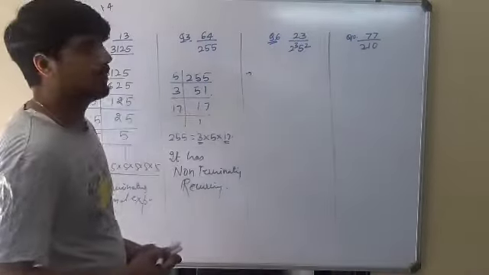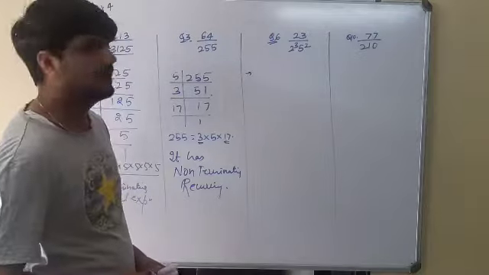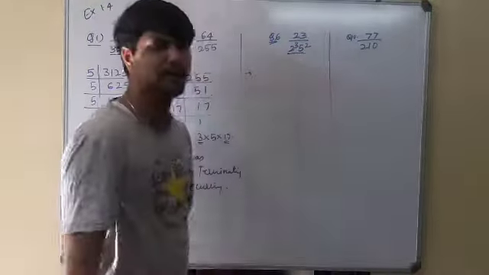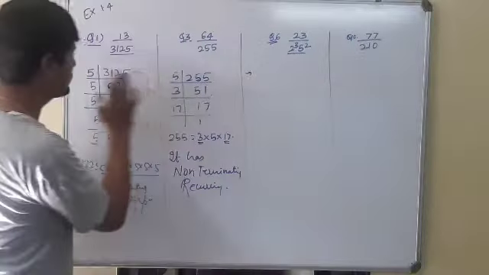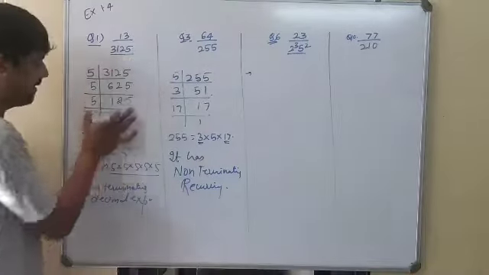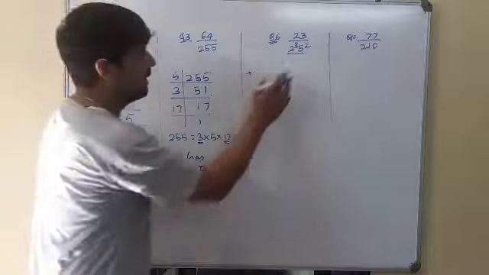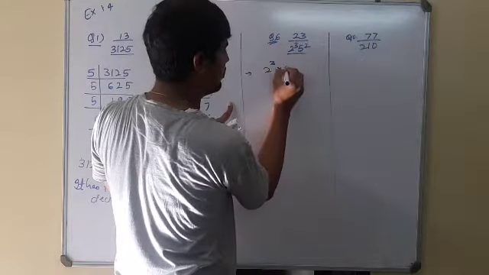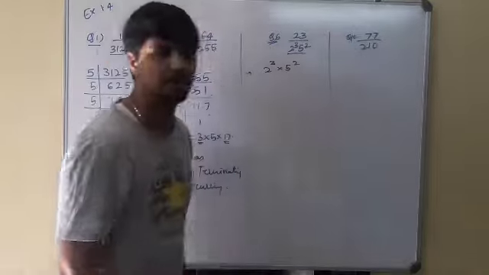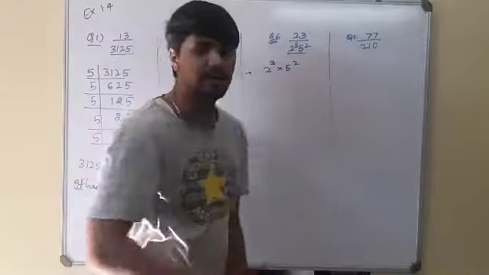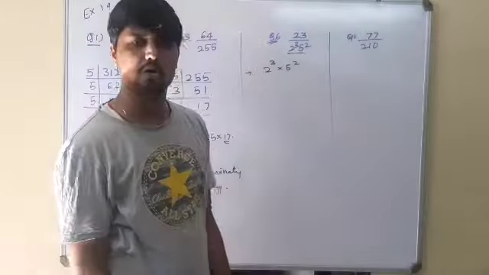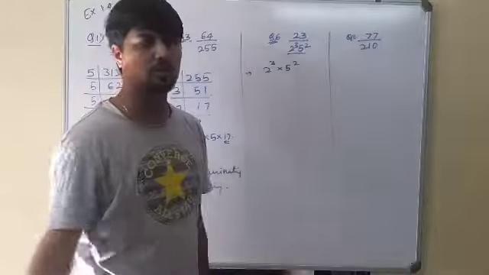Now here what is given? 23 upon 2 to power 3, 5 to power 2. So here in this question the denominator is already prime factorized. In the earlier questions the number was given and we had to do the prime factorization. But here we can see that the denominator is having prime factorization 2 to power 3, 5 to power 2. That means the prime factors of the denominator are only 2's and 5's. Apart from 2 and 5 there is no other number.